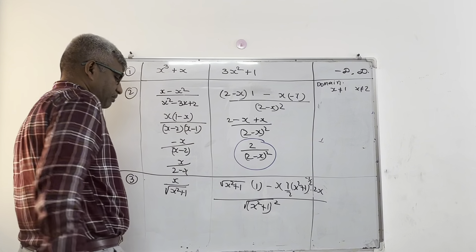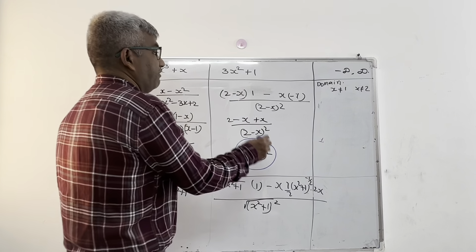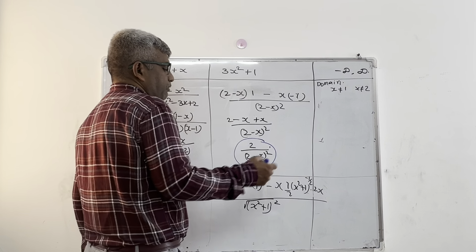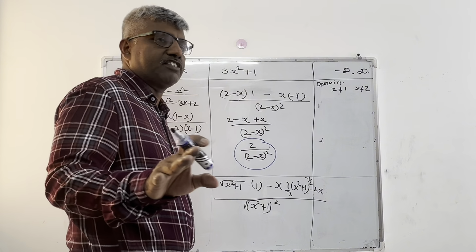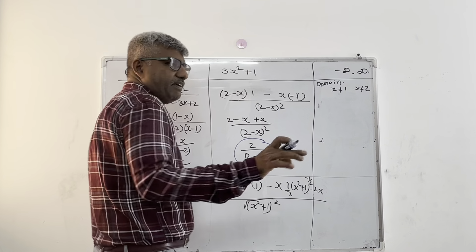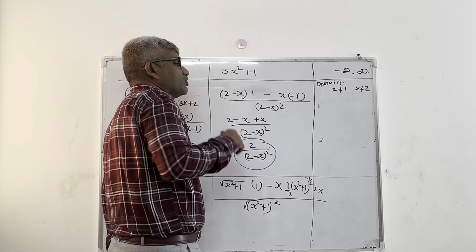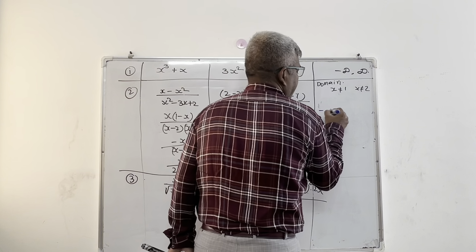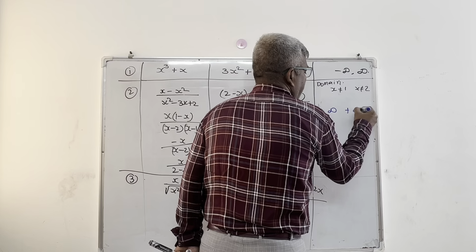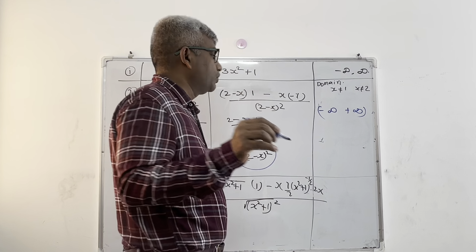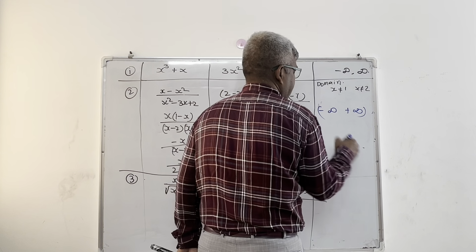Then, when is it increasing? This is f dash x. When will it be positive? Any square number is always positive. So whatever the x value, 2 minus x square is positive, 2 is positive. So it is increasing from minus infinity to plus infinity. But there is one point: when x is equal to 2, the function is not valid.